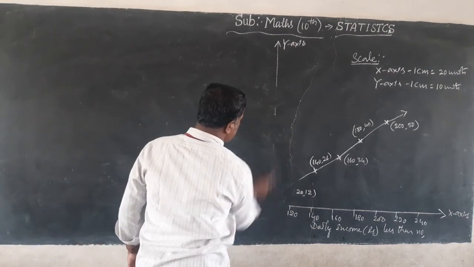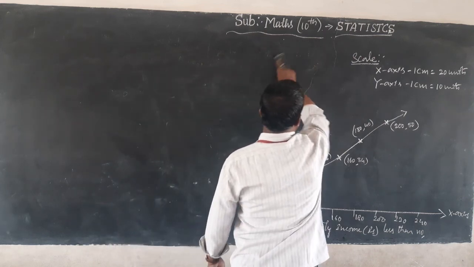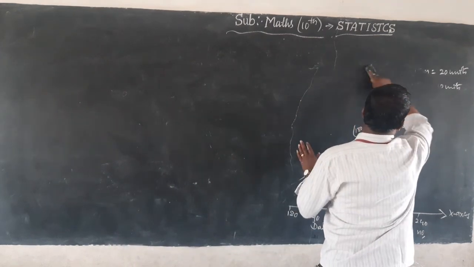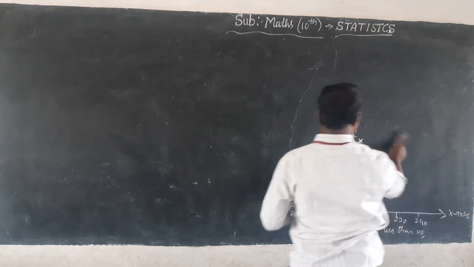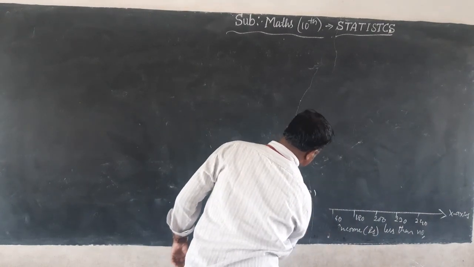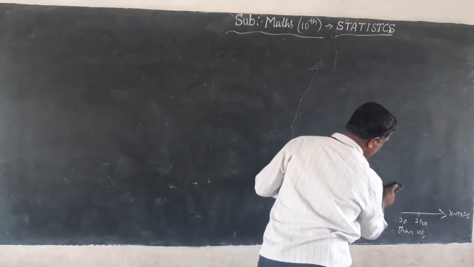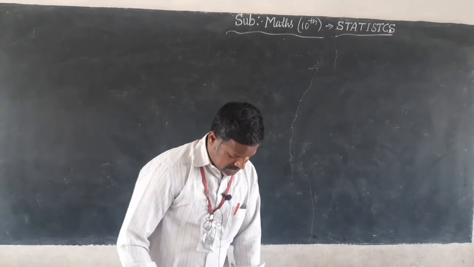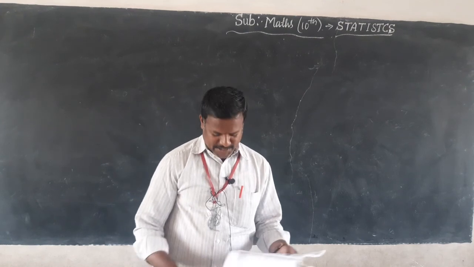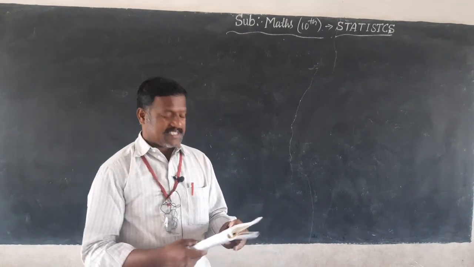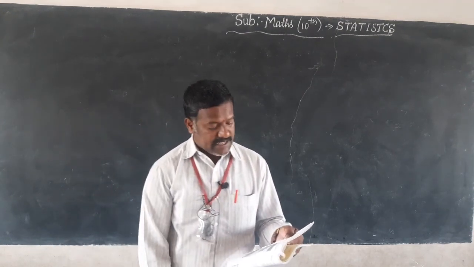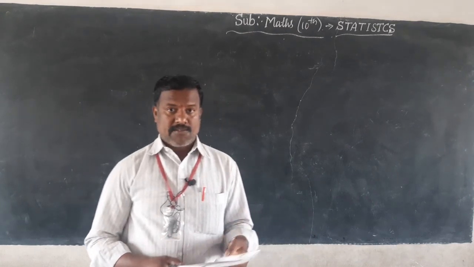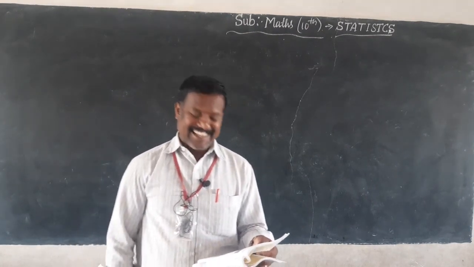Direct problem, so directly you have to draw the less than type ogive. Children, I already told you, the second question is a direct graph. So there we have the table directly.